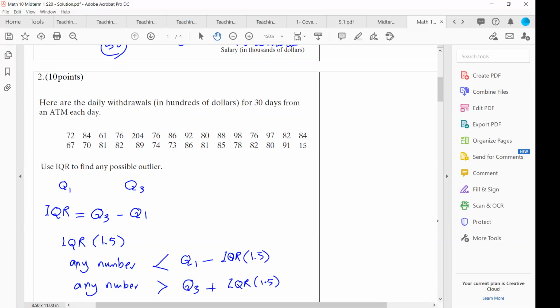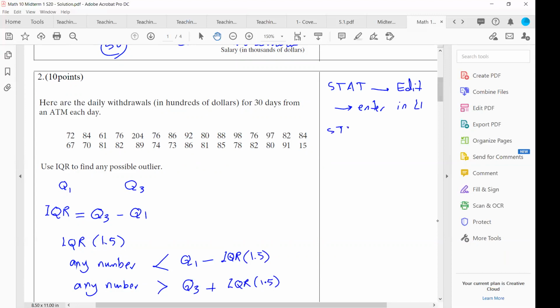So you can use your calculator. You can go to stat, then go to edit, then enter the data in L1, for example.